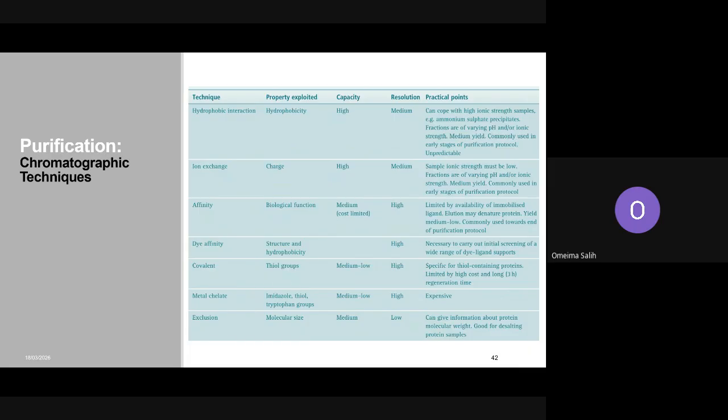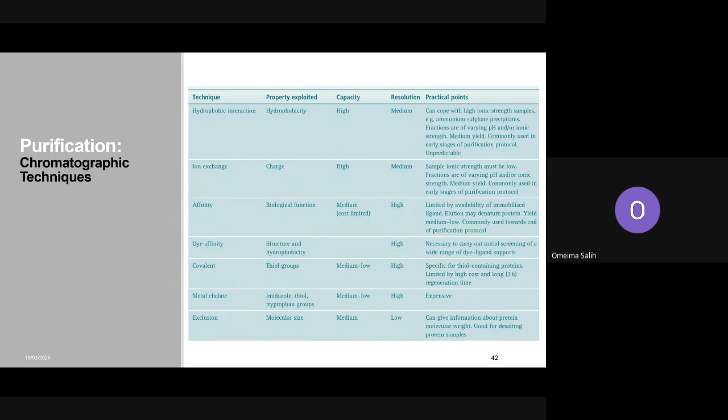There is also dye affinity, which is another type, and this is for screening a wide type of dye. It's not much used in protein interactions, but it can be used for proteins that can be tagged with probes or fluorescent dyes.